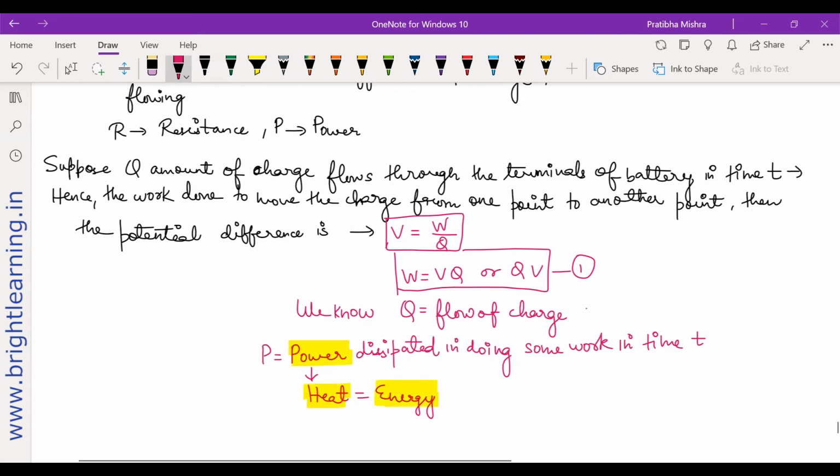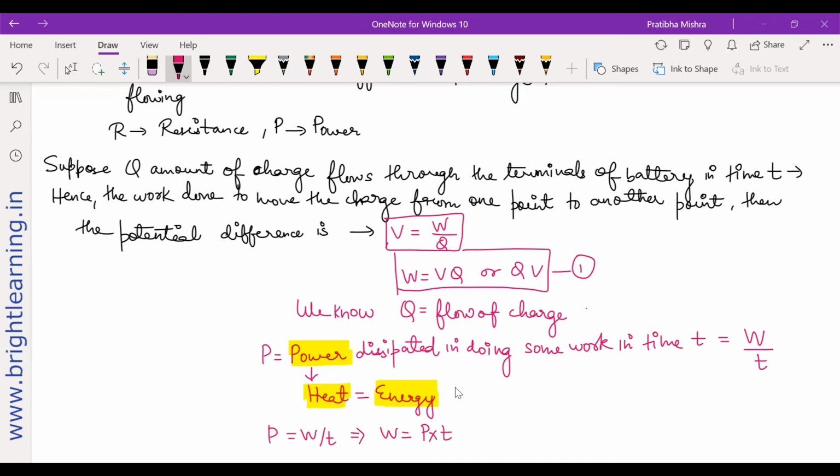Now we will replace a few things. Power is nothing but some work in time T. So W by T is your power, right? Very good. So you can also write W as power into time.